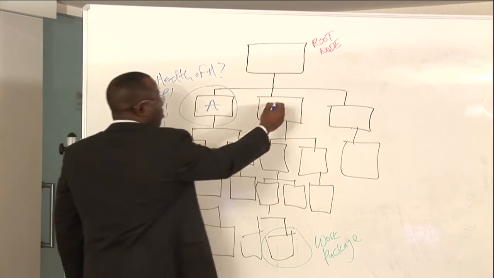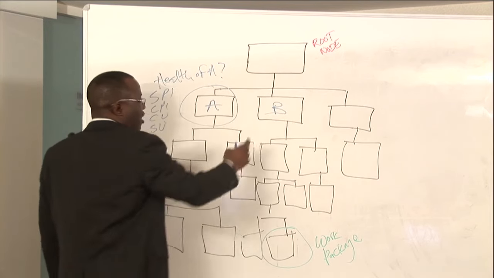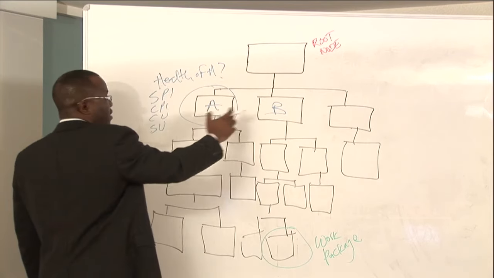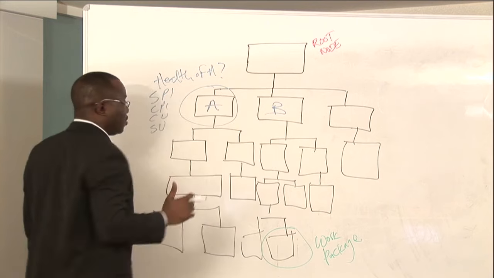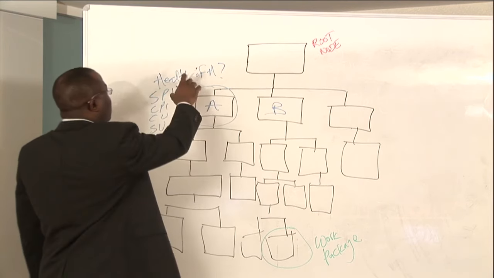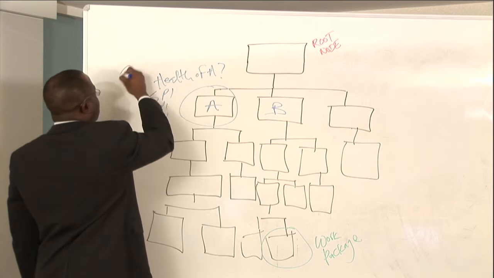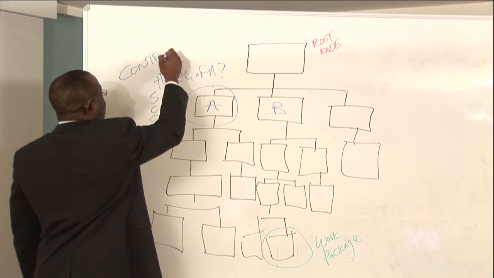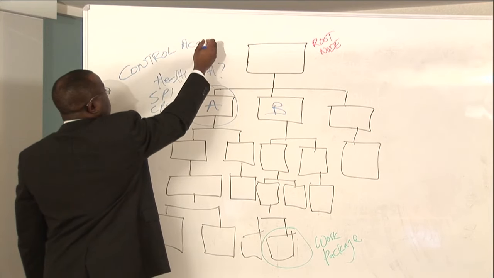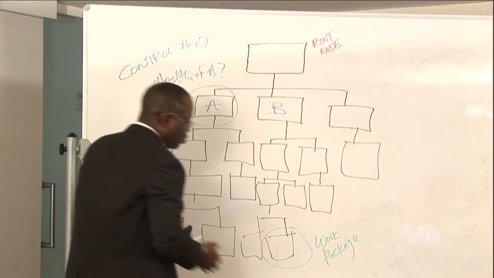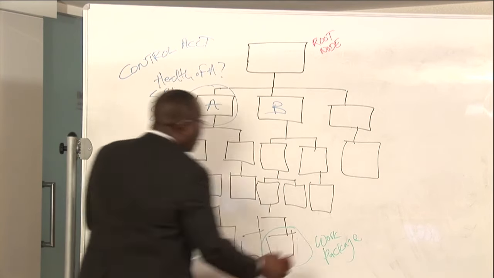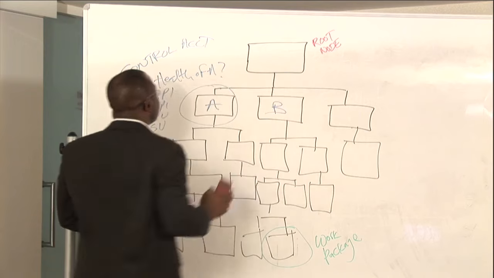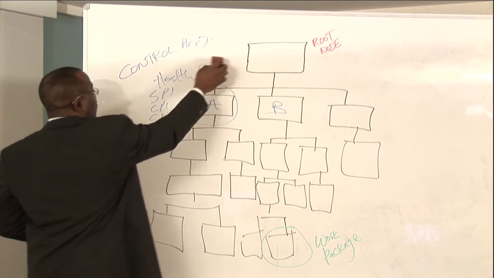The same way, if we call this B, maybe the health of B is different from A. Maybe B is doing well, A is not doing well. So we call that a control account. So I'm going to remind you of that here, control account. Okay, so I've talked about the work package, I've talked about the root node, I've talked about the control account.